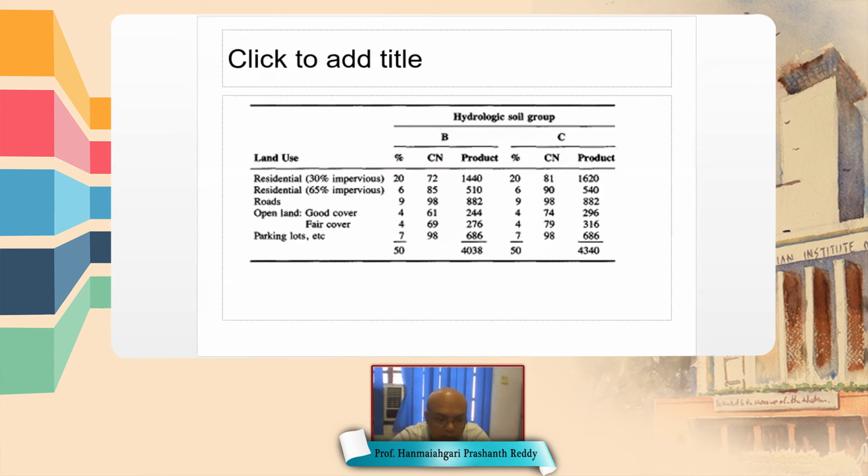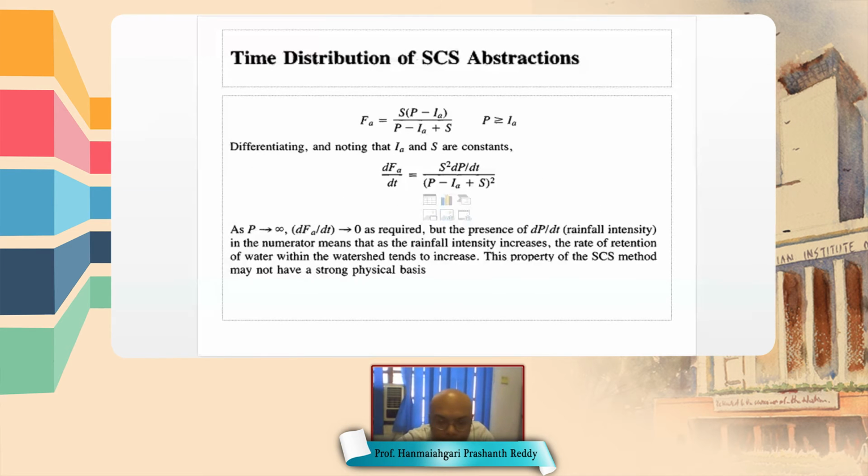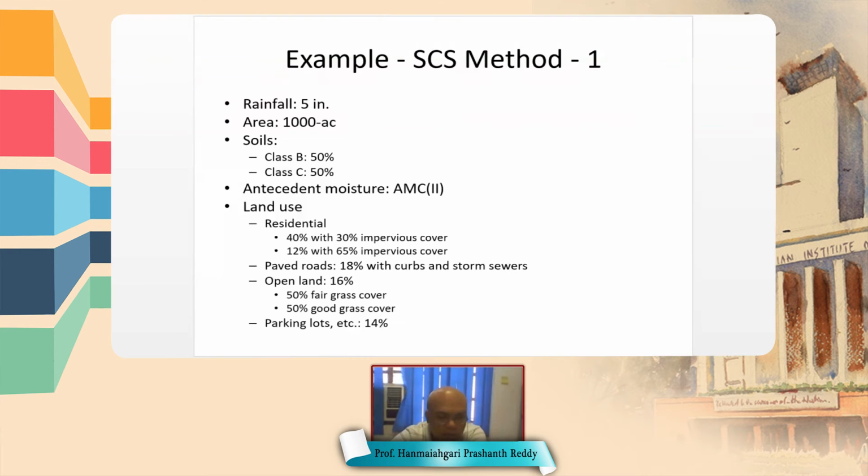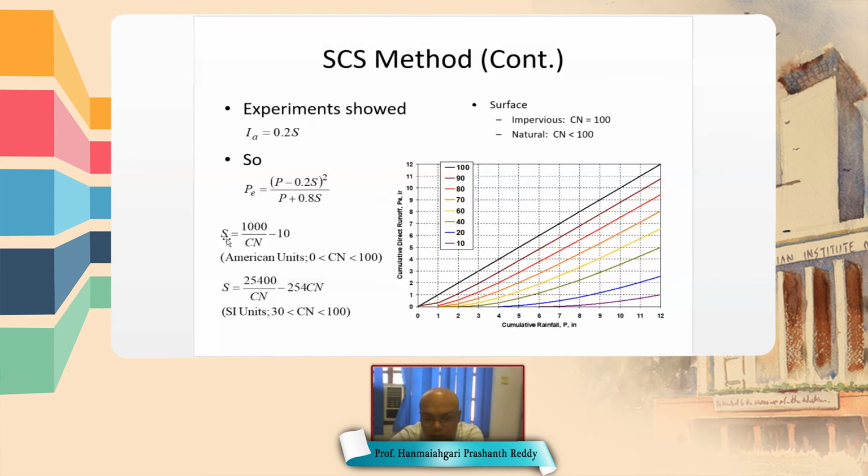Once curve number is known, then we can use this formula to calculate storage.